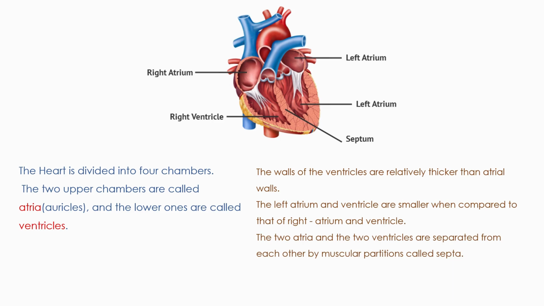The two atria and the ventricles are separated from each other by muscular partitions called septa. The openings between atria and ventricles are guarded by valves.